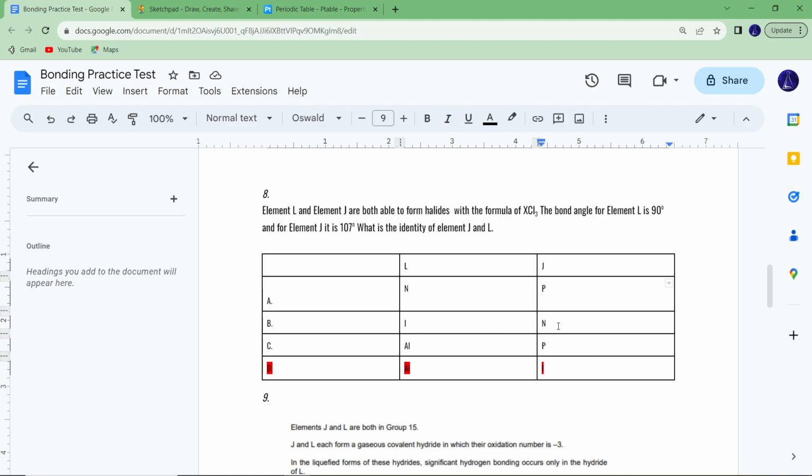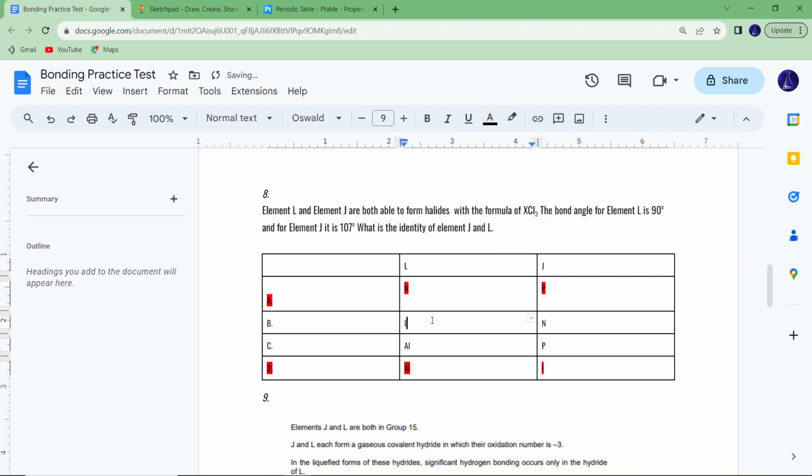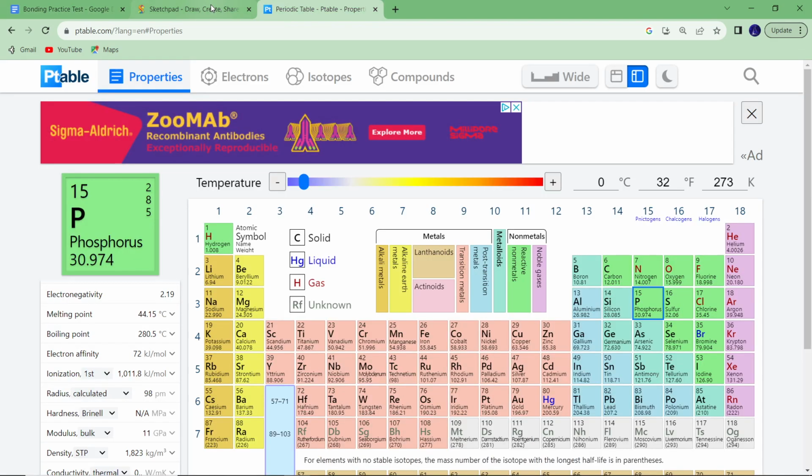Then we have to look and say, all right, which one of these is going to give us a bond angle of 90 degrees for element L, okay? Well, we know right away that it cannot be N, so it cannot be A, because we determined that N also gives us a bond angle of 107 degrees, so it can't be A. B is having us look at iodine, okay?